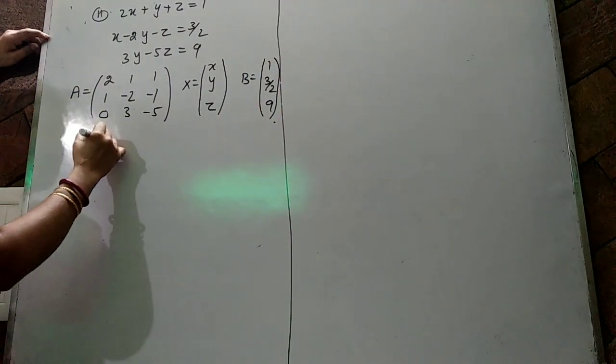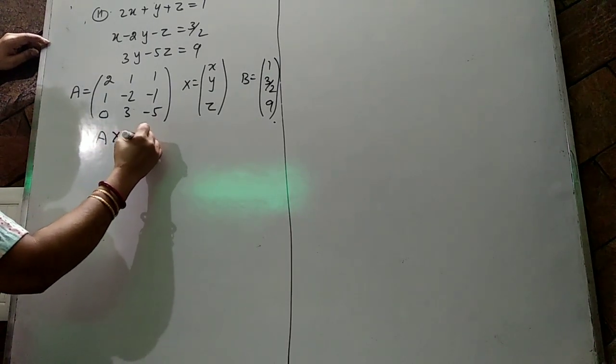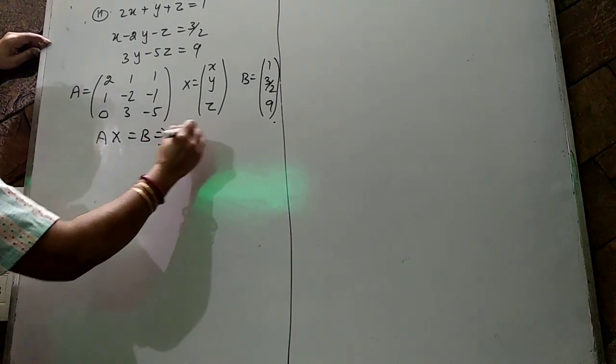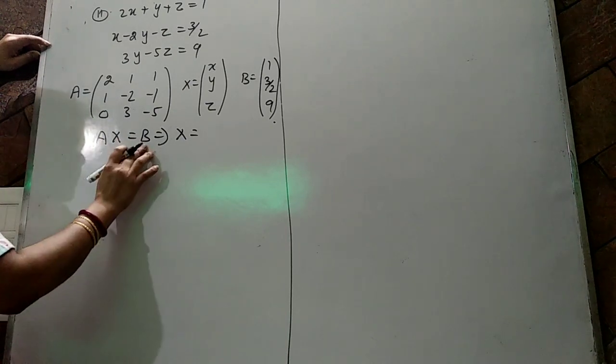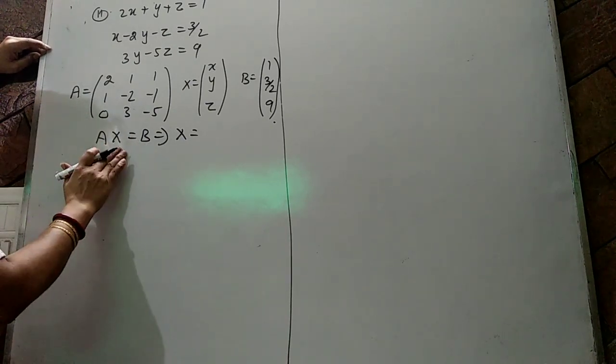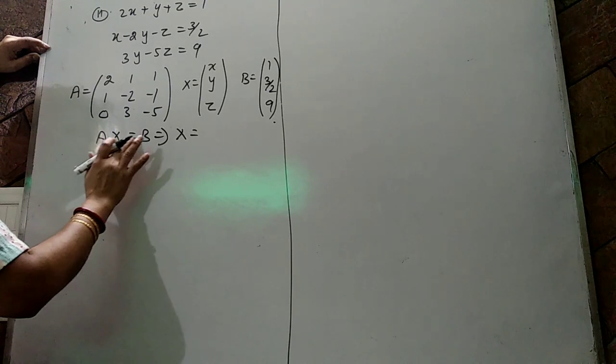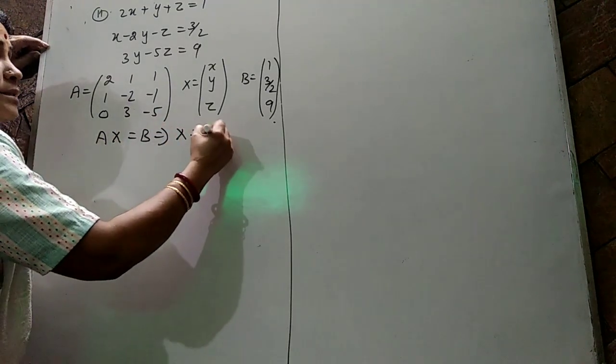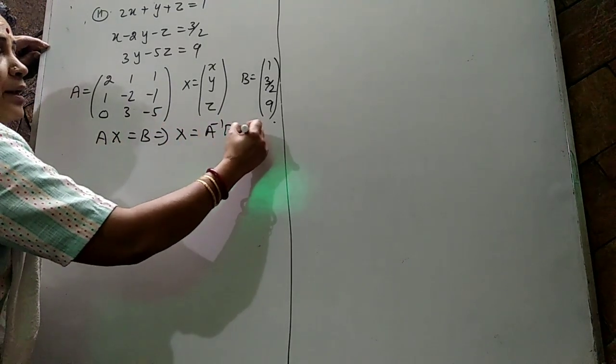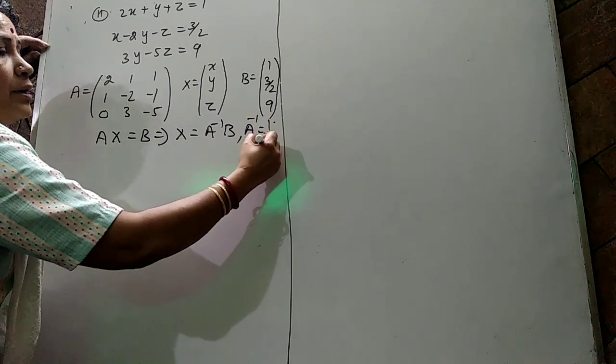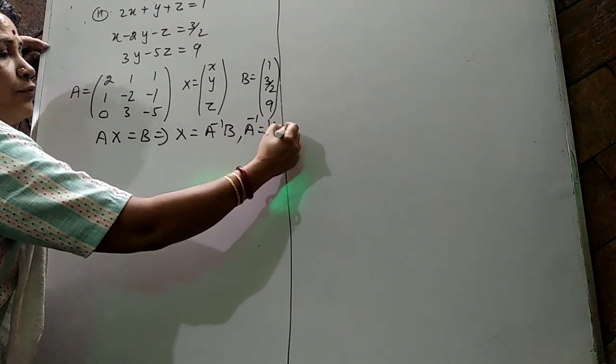Clear? Now the system can be written as AX is equal to B, which implies X is equal to A inverse B. If you miss this step, you will lose 1 mark; up to this, they will give 1 mark. Here A inverse equals 1 upon determinant of A into adjoint of A.